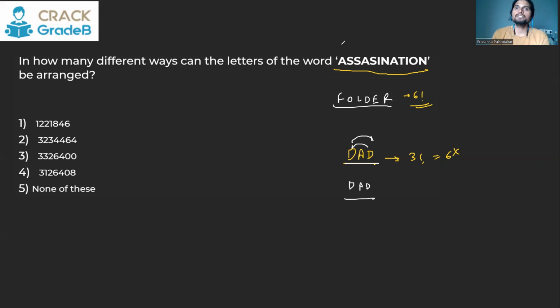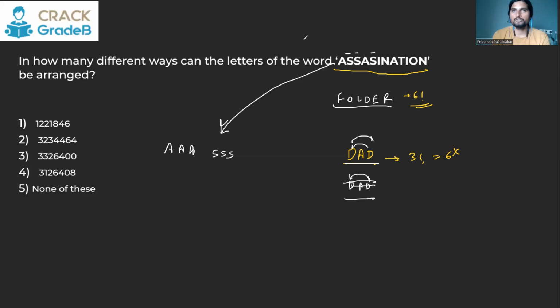What you have to do is consider the repetitions as well. So let's not go into technicality again. Let's just directly go for the solution. If there is repetition, you have to see how many A's are there. There are 3 A's. Then there are 3 S's.